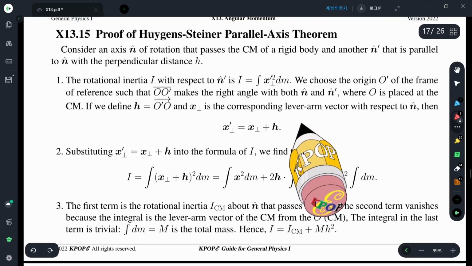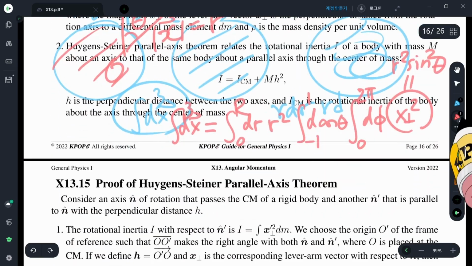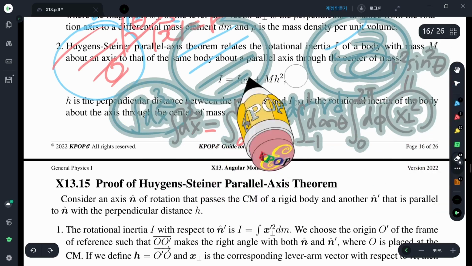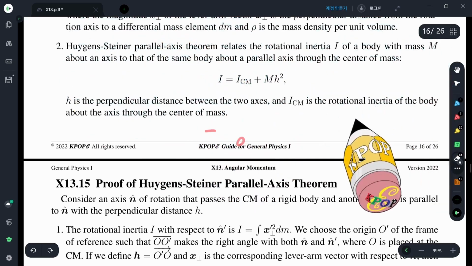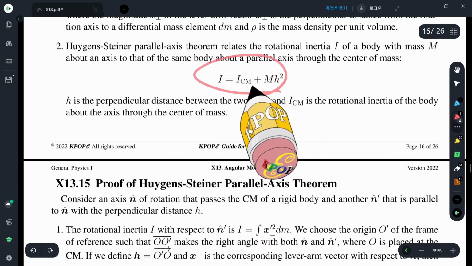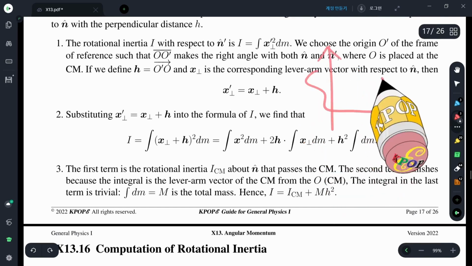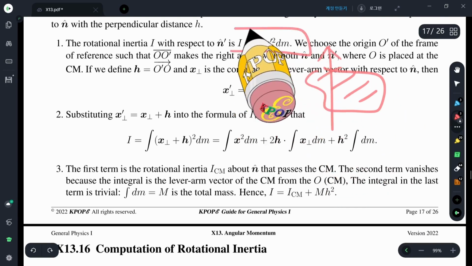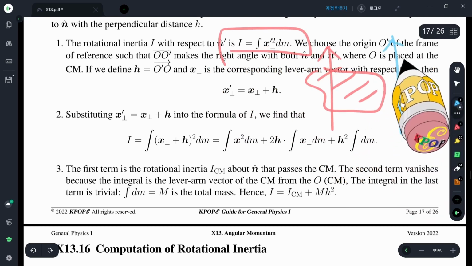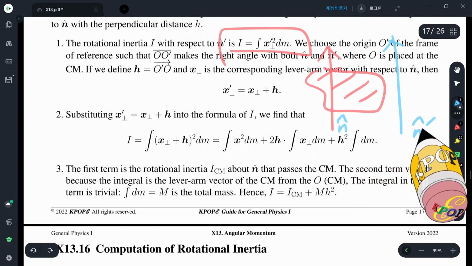But now the proof of the Huygens-Steiner parallel axis theorem. Here, there is a useful relation. During such a calculation, it will be very useful to apply this. I have an axis, and I have computed the rotational inertia about this axis, but we have another parallel axis, n hat and n hat prime.